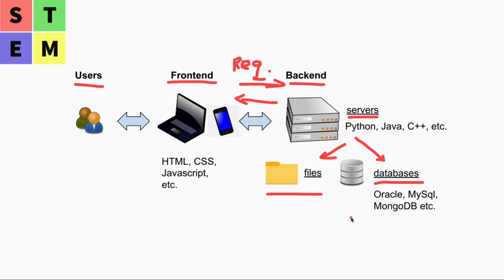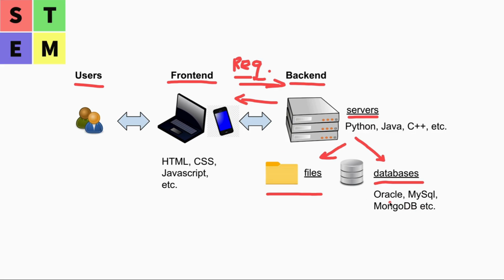The applications or the logic in the servers will access those tables to grab the information which the request needed and then pass it back to the front end.